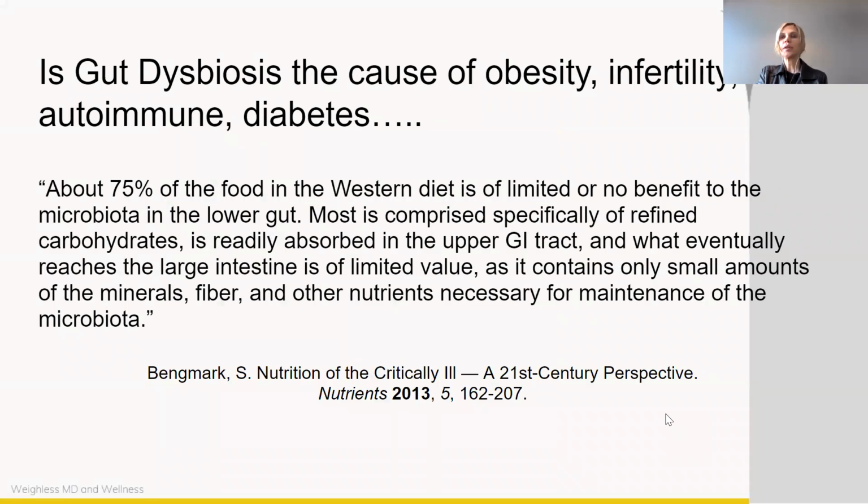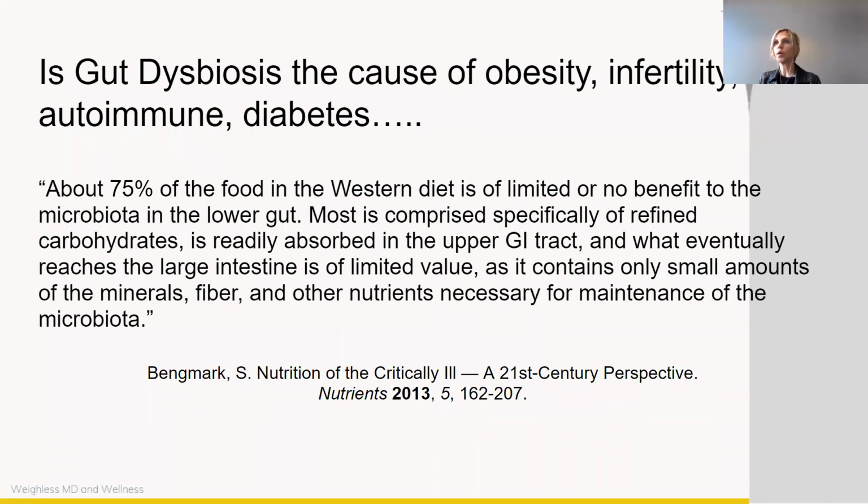So there was a study done in Nutrition of the Critically Ill in 2013. I know it's pretty long time ago, but there's been so many studies that came out in the last 10 years on the gut. But essentially, what we know now is that about 75% of the food in the Western diet is really of no benefit to our microbiome. And most is comprised of refined carbohydrates.